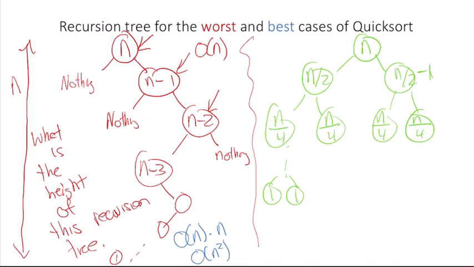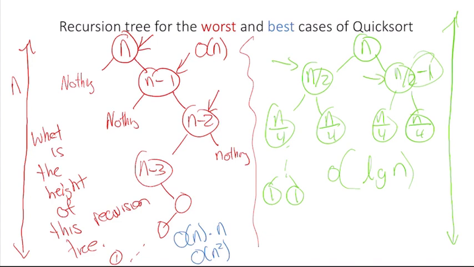So what's the height of the tree under this scenario? Well, the height of this tree is going to be roughly logarithmic. It's a little different because of these minus ones here, but it's going to be big O of log n. And at each level, we're going to call partition at all these nodes.